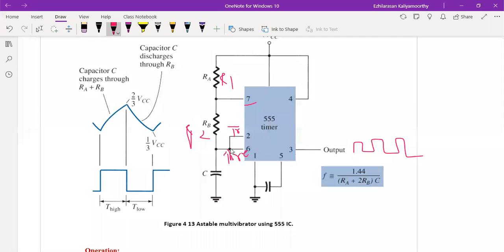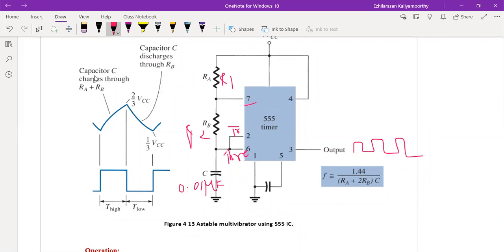Now here we used a capacitor. What is the value of this capacitor? The value is 0.01 microfarad. It is a very small value of capacitor. It's connected to the control input. Which is the control input? The control input pin is pin 5.